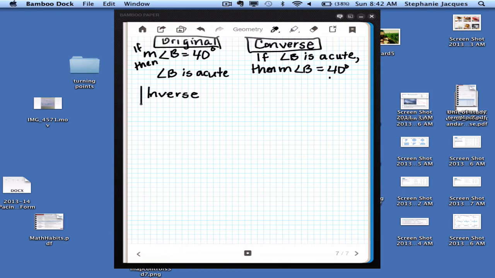So the inverse, remember, is going to be you negate the hypothesis and conclusion. So I'm going to negate. So if, and we already wrote this, the measurement of angle B does not equal 40 degrees, I'm just rewriting it as a visual, then angle B is not acute.